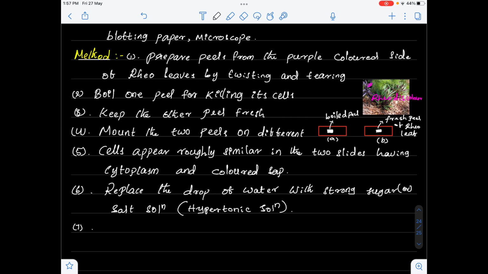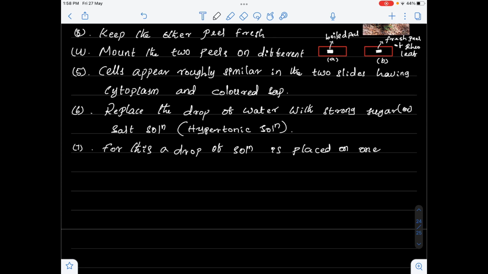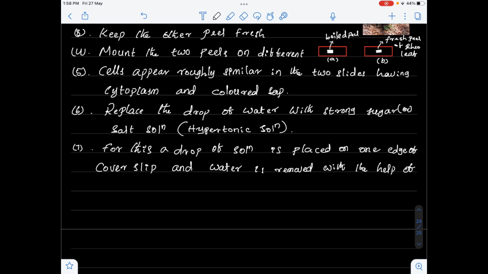Now let me write here. For this, a drop of solution is placed on one edge of the cover slip and water is removed with the help of blotting paper from the other edge.